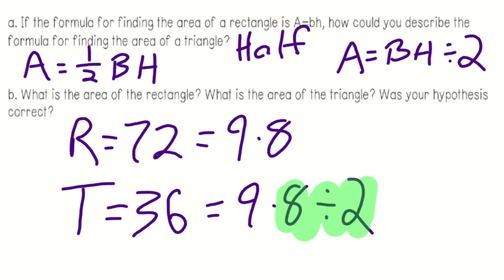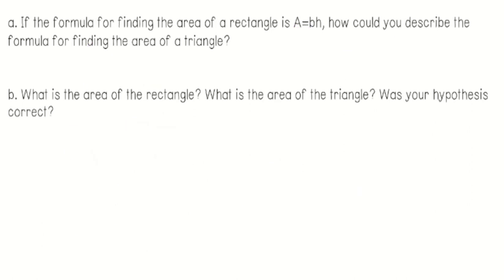If you have an even number, okay? If one of these two numbers, the base or the height, is even, it's sometimes going to be easier to work it out with doing the division first. It just gives you smaller numbers. Obviously, you can do 72 divided by 2, right? But sometimes it's easier if you do the division first. Any questions on that? Not so bad, right?